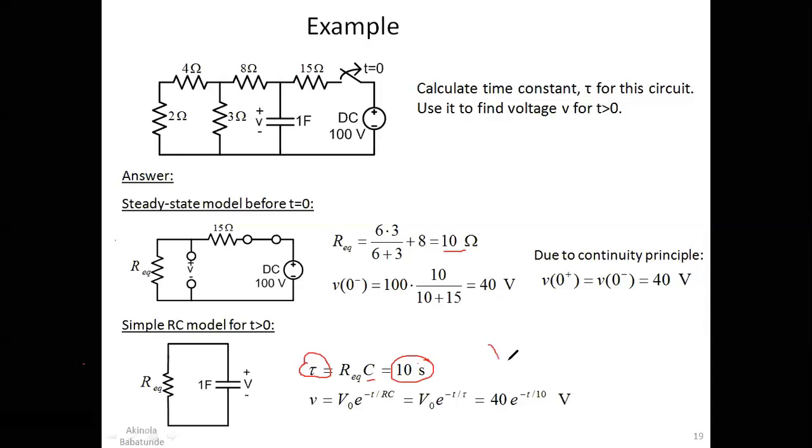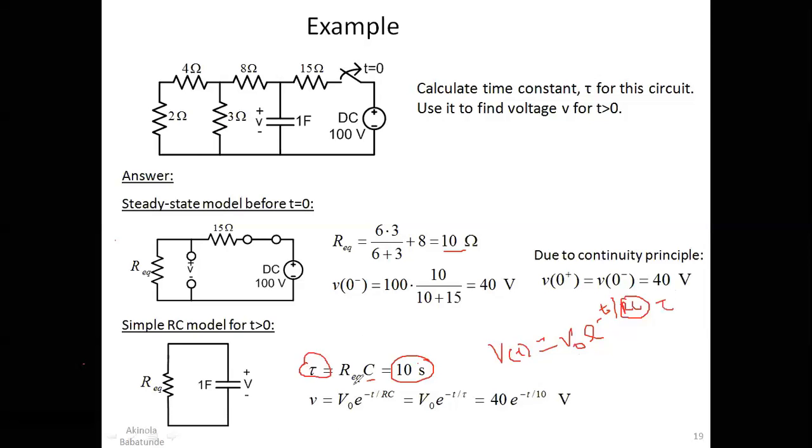And don't forget, our V of t is always equal to V naught exponential minus t over RC. That is our V of t. Since we know that our tau from the previous discussions would be equal to RC, you can just replace this with tau. Instead of writing RC here, you put tau there.